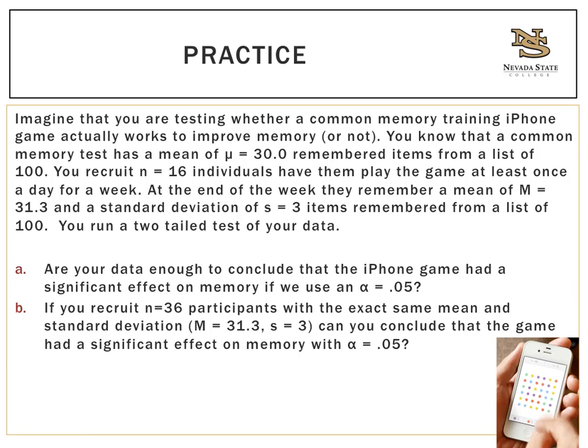Okay, so run a hypothesis test looking at this question, and then do it one more time, but imagine that instead of having 16 people in your sample, you now have 36, with the exact same mean and standard deviation, 31.3 with a standard deviation of 3, and see if now you can conclude that the game had a significant effect on memory with an alpha of 0.05. So let's see if having a different number of people in our sample actually changes the way that our hypothesis test works out. Okay, so go ahead and try it on your own and see what happens, and make sure to check back and see how I solved it.